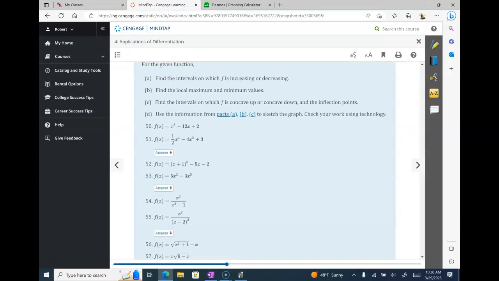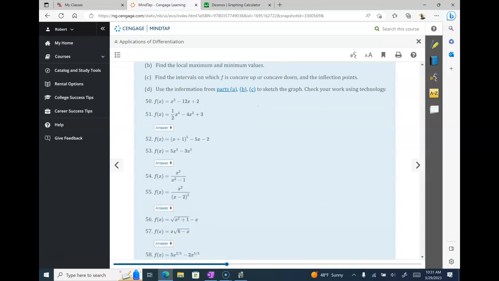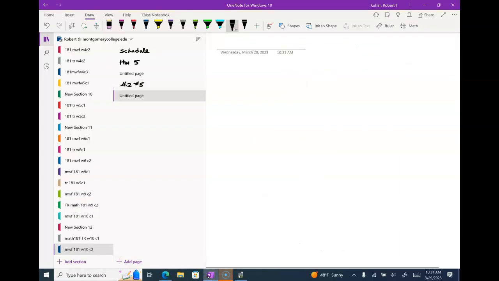And then sketch the graph. The sketch the graph part, don't care too much about because we have the calculators or Desmos, right? So let me work on that function because I do like that function, x times square root of 6 minus x. So this is 4.3, number 57, second derivative test parts.